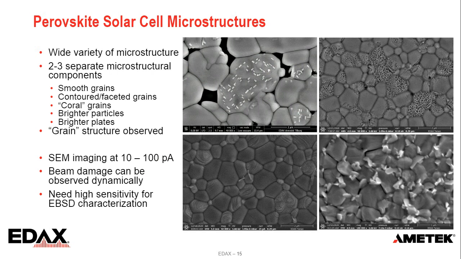These are just a few examples where we see microstructures made up of a set of different components. Some have smooth grains, some have contoured faceted grains. If you look at the top right, there are grains that I've described as coral grains. They have some porosity built into them. There are ones that have brighter particles and brighter plates. But we do observe a grain structure.